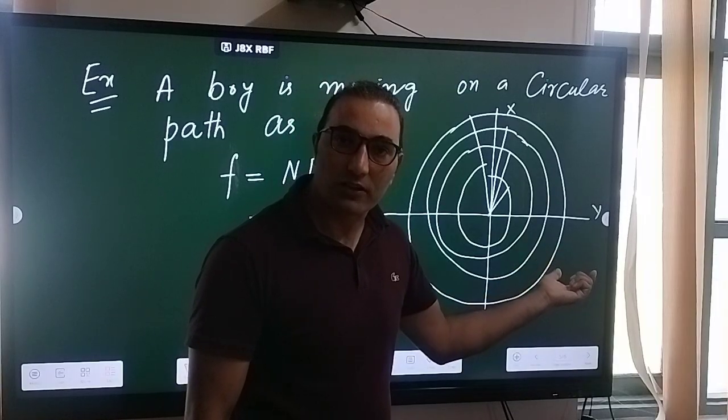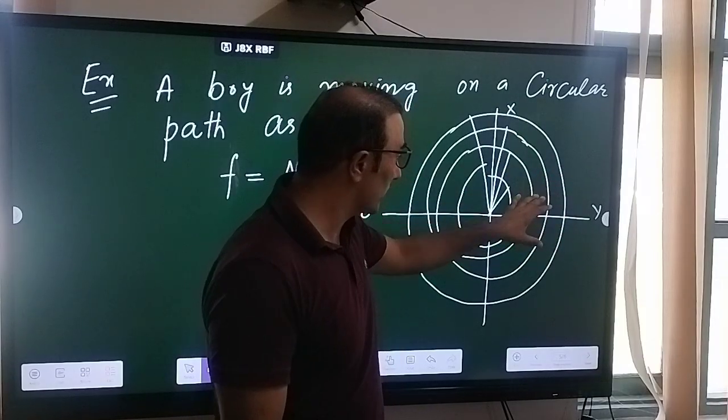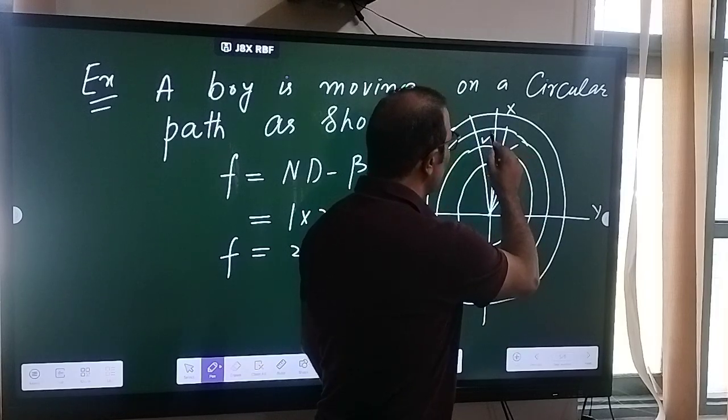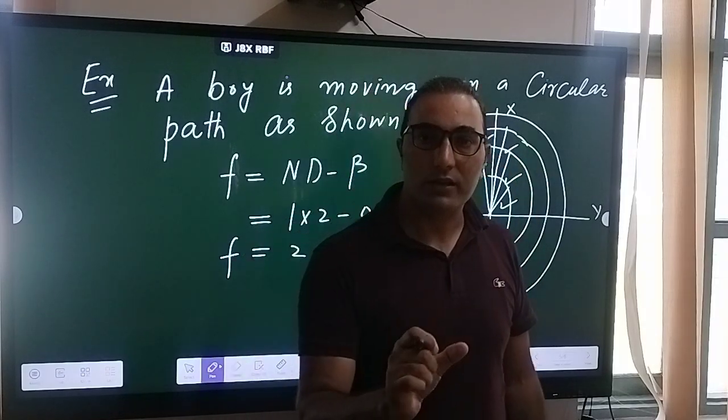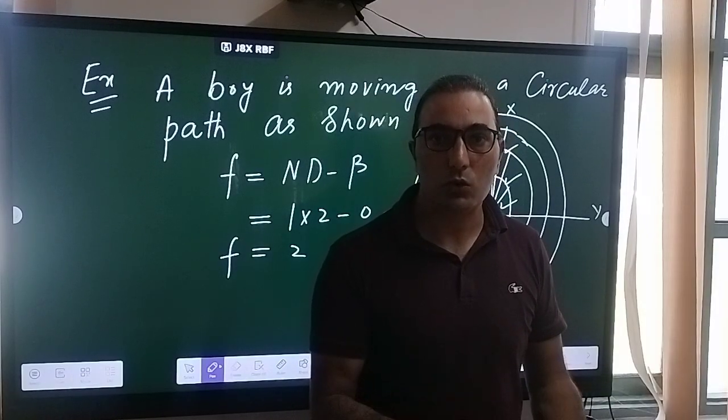So that means this r is not fixed, right? Although it is moving in a plane, that r is not fixed. That r can be this one, it can be this one, it can be this one, or it can be this one. So in such a case, there should be no constraint.